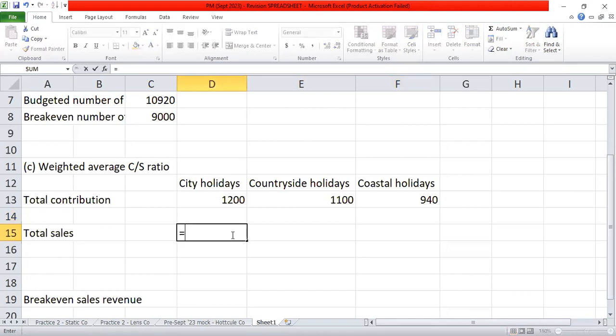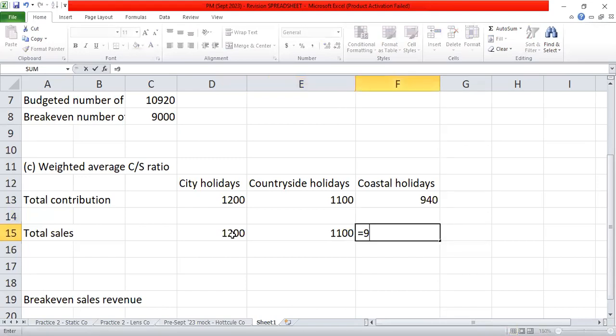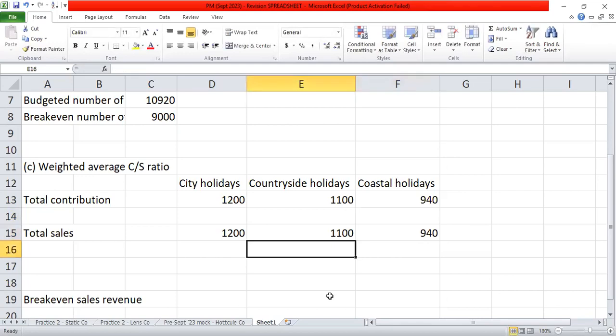Contribution is also sales minus variable cost. So 1,200, 1,100, 94% of 1,000. Those are the sales per unit. I need to figure out the number of units, so I multiply to give me the total sales.